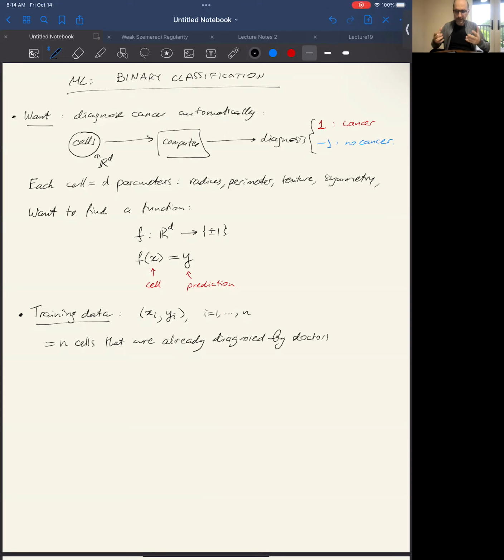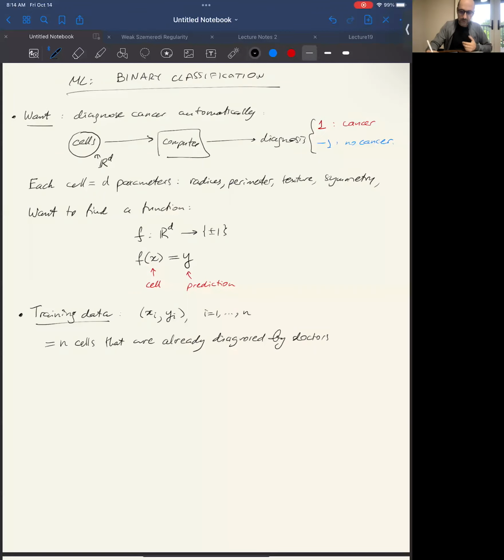So we have a lot of training data. The points that already have diagnosis, already have these labels plus or minus 1. And we would like to find the machine that would learn from that, and for a new cell would diagnose that. Okay, good. All right.